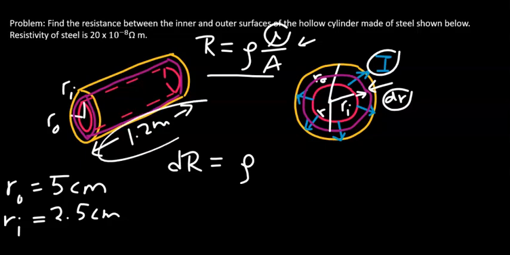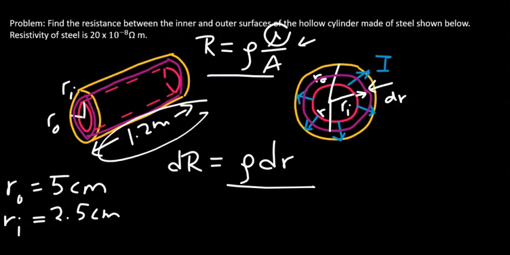So it's not the axial length, it is the radial length. So dr over the cross-sectional area. The cross-section through which the current travels is then just 2 pi r l. So that is what appears there.